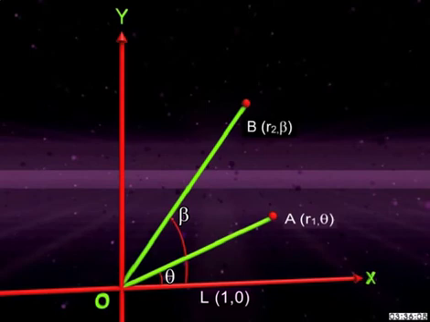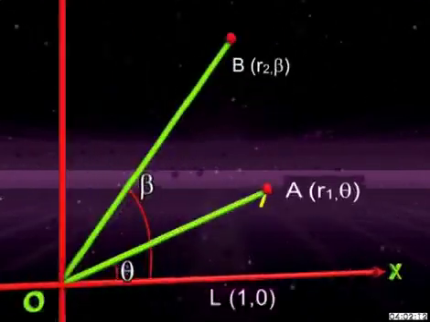The two complex numbers represented by points A and B are drawn with OA equal to r1 and angle AOX equal to theta, OB equal to r2 and angle BOX equal to beta. Vectors OA and OB represent the complex numbers z1 and z2.